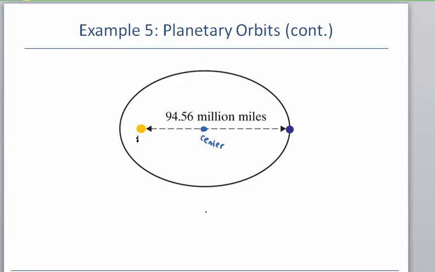This is our focus. And it's also the sun, because we know that the sun sits at one focus of the ellipse. All right, and this blue dot is the Earth. And so the Earth is rotating around the outside edges of the ellipse.